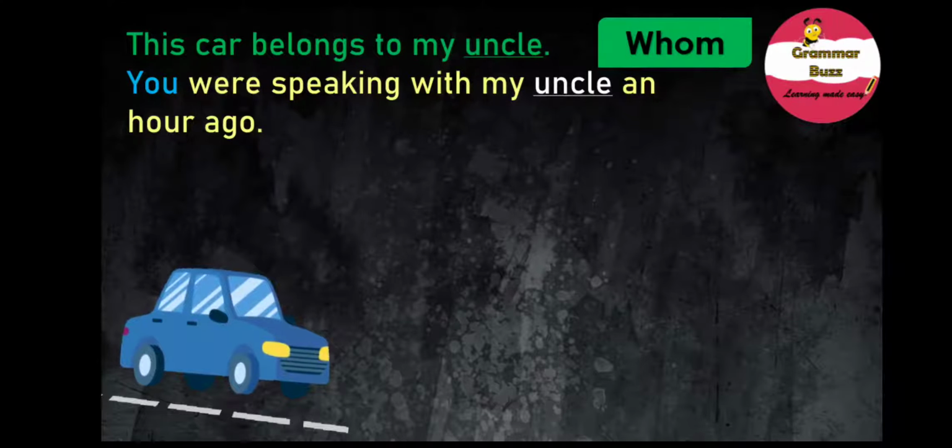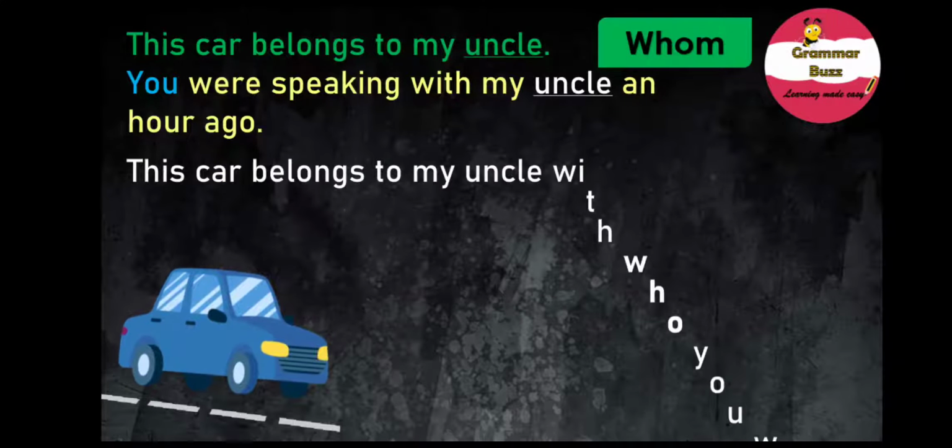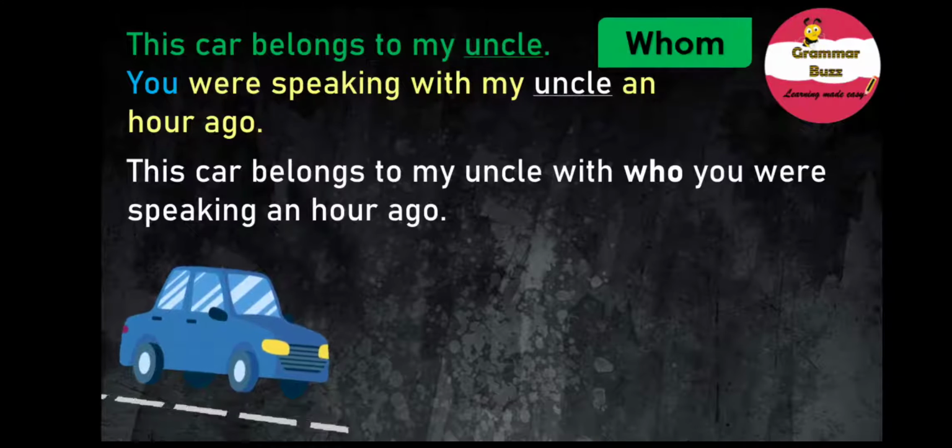My uncle is the noun being repeated in both cases. So, we can use a relative pronoun to replace the noun my uncle and also join the two sentences together. So, we have, this car belongs to my uncle with who you were speaking an hour ago.